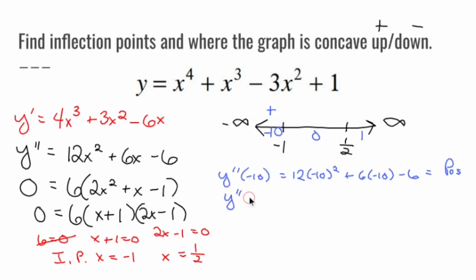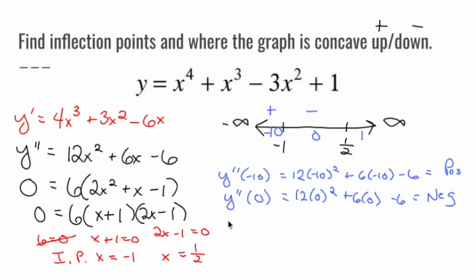Okay, let's plug 0 into our second derivative. 12 times 0 squared, I think I can handle that. Plus 6 times 0, I can handle that. Minus 6 is going to be 0 plus 0 minus 6, negative. So you're concave down.